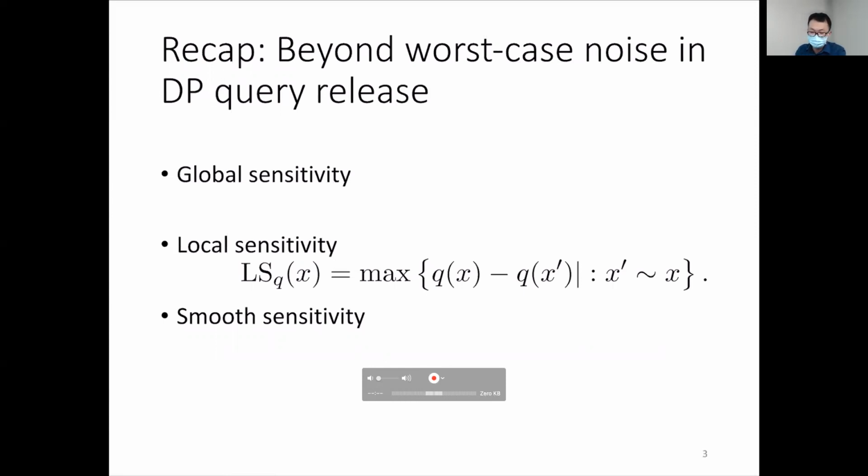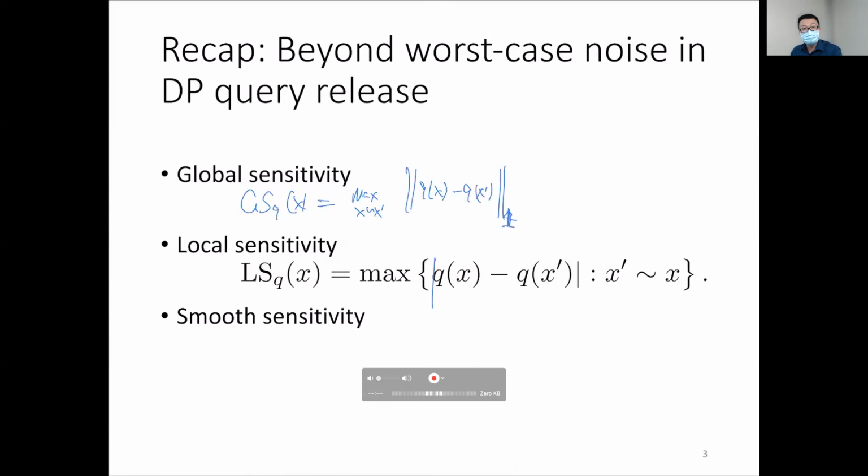The global sensitivity, or GS, of this query is defined to be the maximum absolute value difference between 2 possible neighboring data sets. It could be absolute value, or sometimes L1 sensitivity for the Laplace case, and L2 sensitivity for the Gaussian mechanism case.